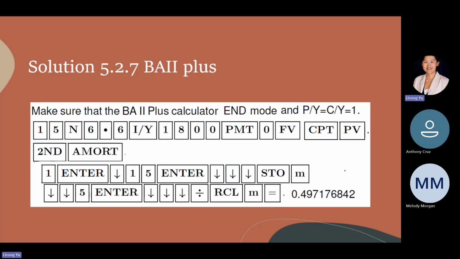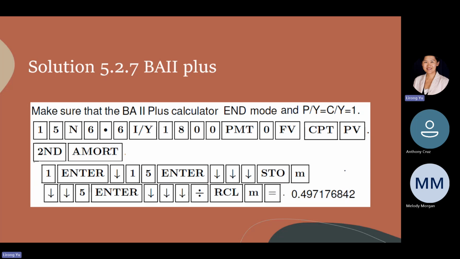Recalculating. It looks like we're calculating the interest rate. It's not the interest rate, it's a division. That's the proportion that we're calculating. So we calculate the present value, which is the loan amount. And then in the amortization table, we went all the way to 15. You push 3 arrows to find the total interest.